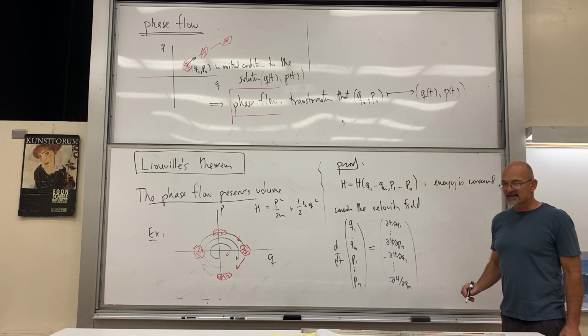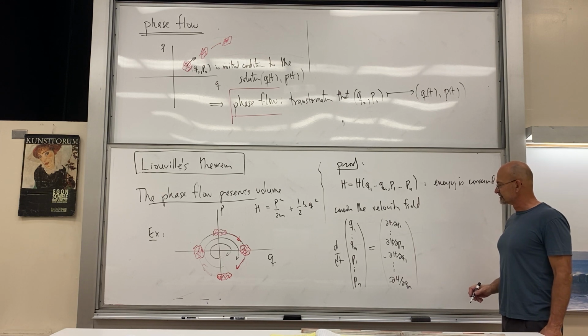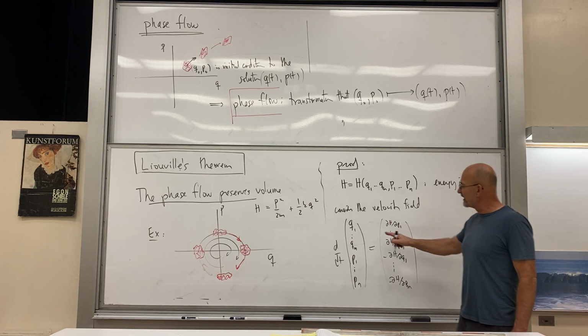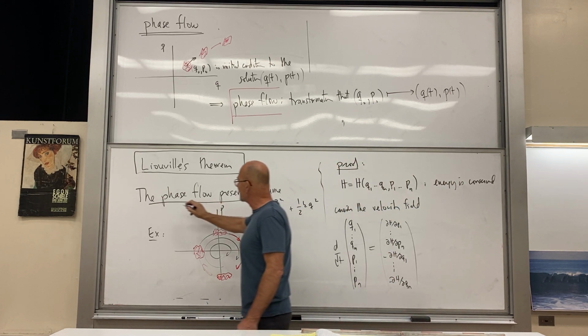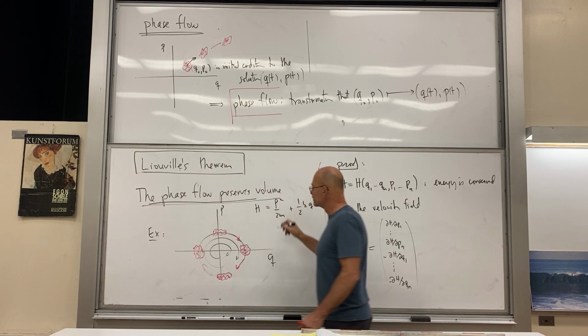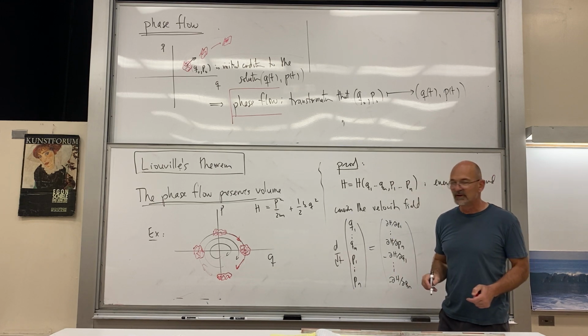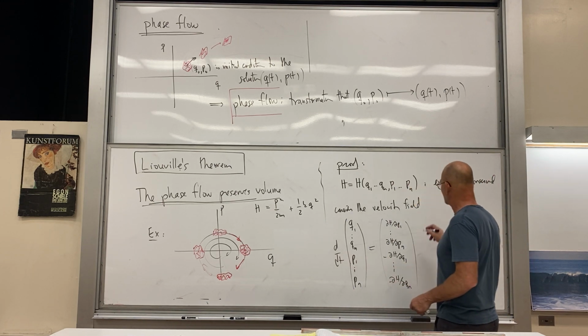So this is a velocity field, and to show that it preserves volume, I have to show that it's an incompressible velocity field.